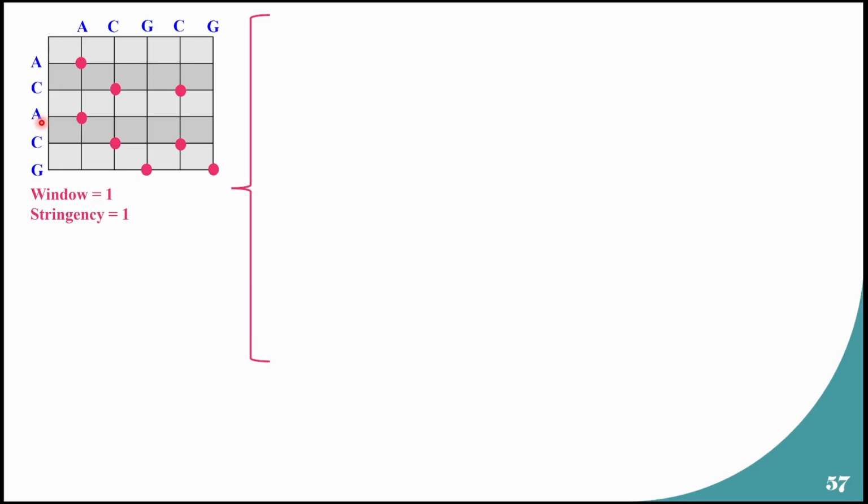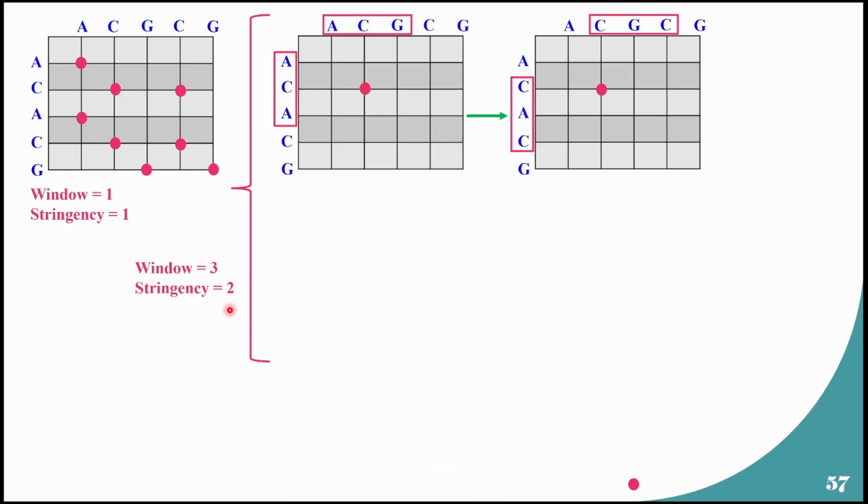But sometimes what can happen is that if you have a very large sequence, and you try to match one by one and put all of the dots there, the dot plot can be quite messy. So in a lot of cases, you cannot figure out exactly where a certain diagonal is. So in that scenario, what you do is that you increase the window size and you place some sort of stringency value on the calculation.